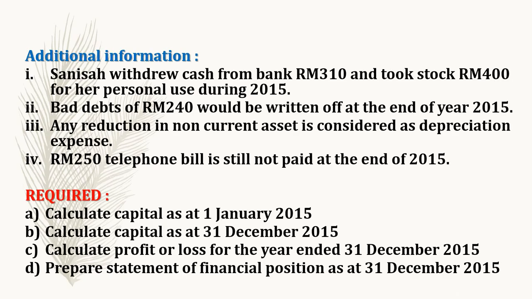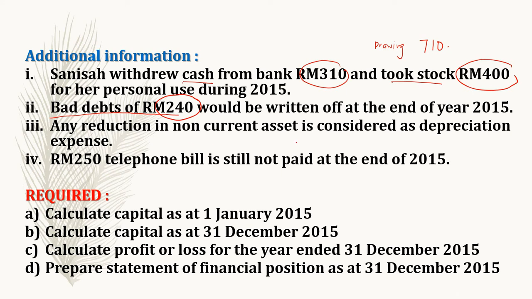So additional information, you have drawings. This is your cash drawings of 310 ringgit, and then you have a merchandise drawing of 400 ringgit. So your drawings is actually 710. This is your bad debt expense, so this amount will be deducted from your accounts receivable towards the end of the accounting period.